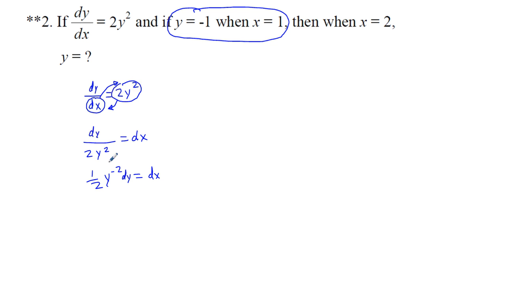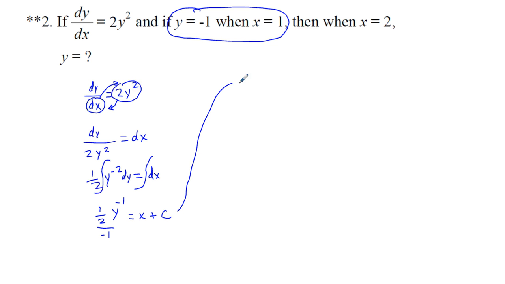Now we're going to do our integration. So we integrate both sides. We get on the left side 1/2, we're going to get y, and negative 2 plus 1 is negative 1, and we're going to divide by negative 1. It's equal to x plus our constant of integration c.